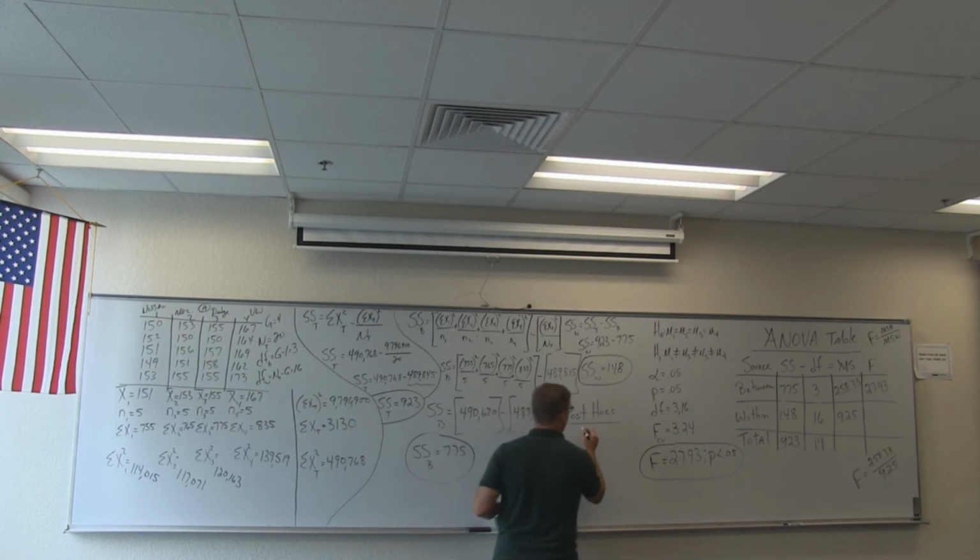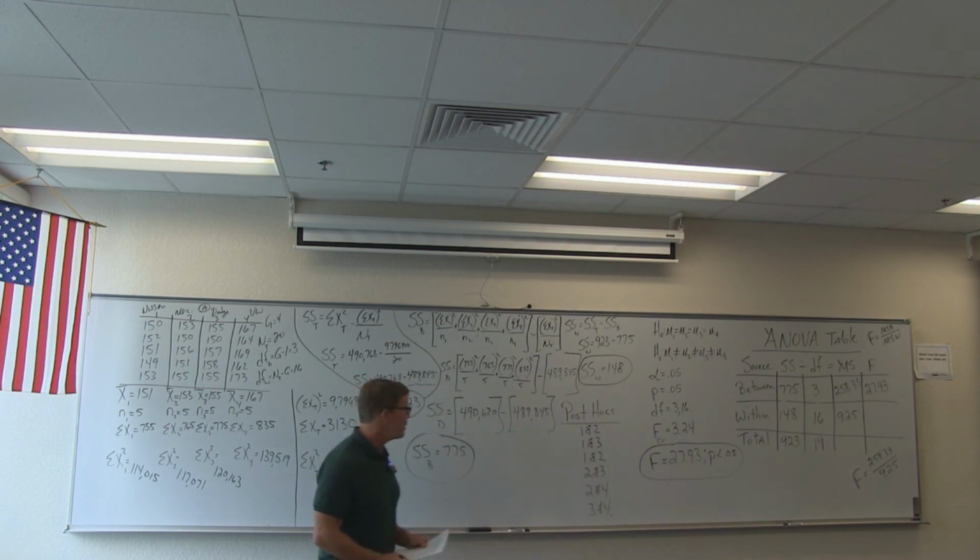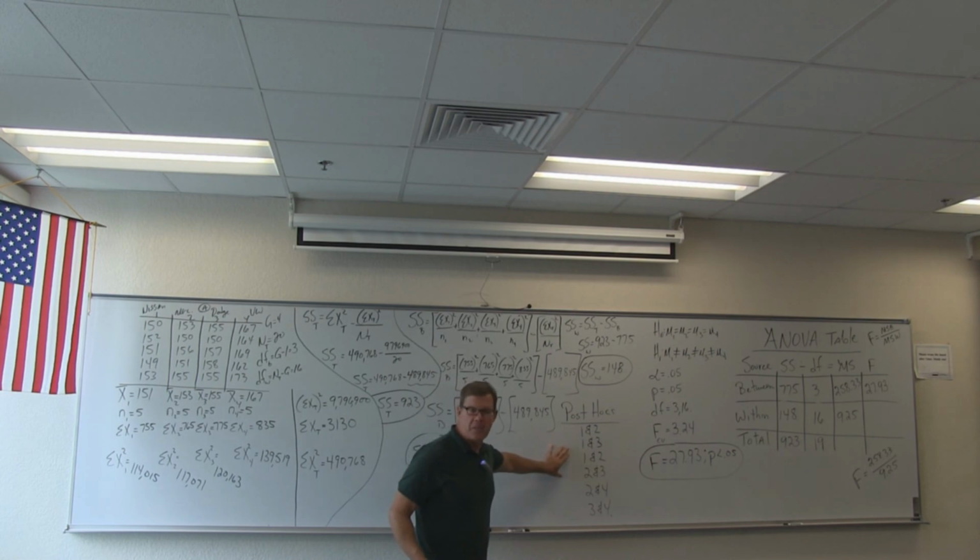We're going to look at group 1 and 2, 1 and 3, 1 and 4, 2 and 3, 2 and 4, 3 and 4. This particular post hoc will do 6 separate little 2-group analyses, whichever post hoc you pick.